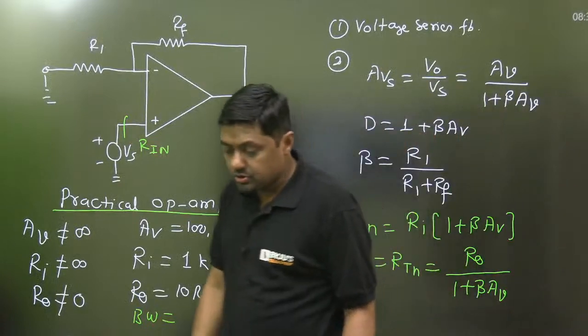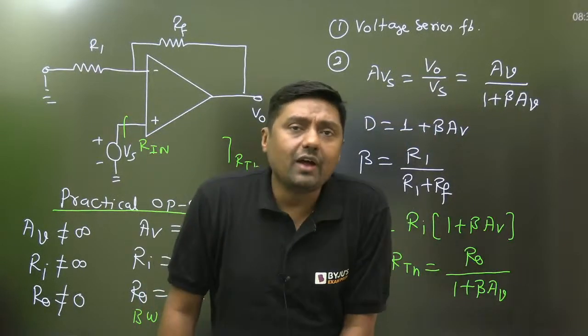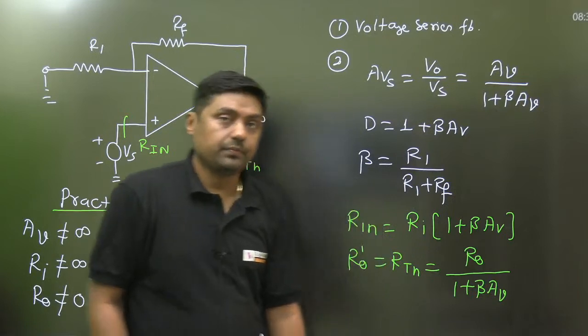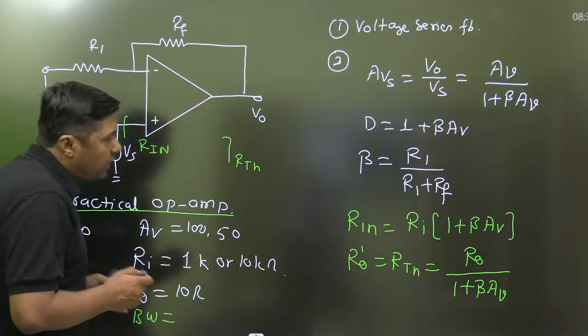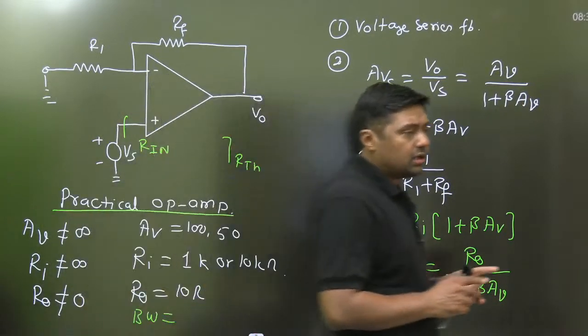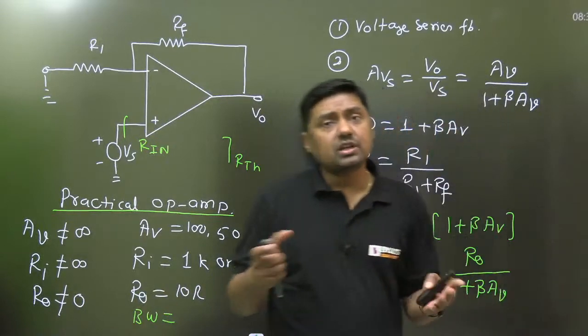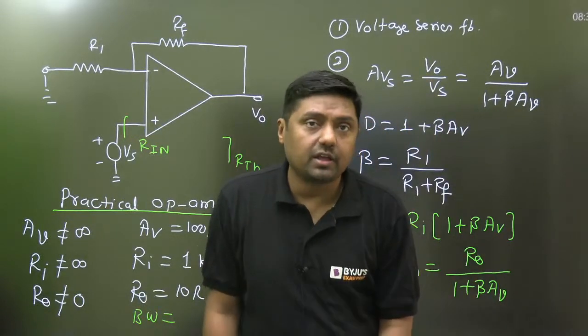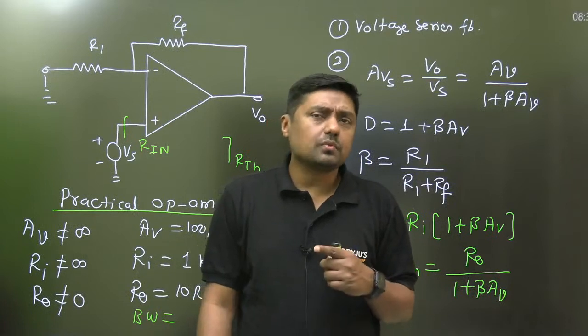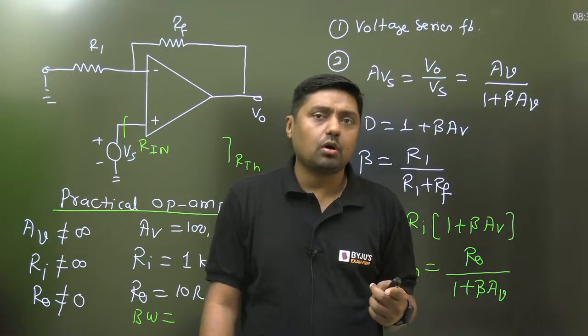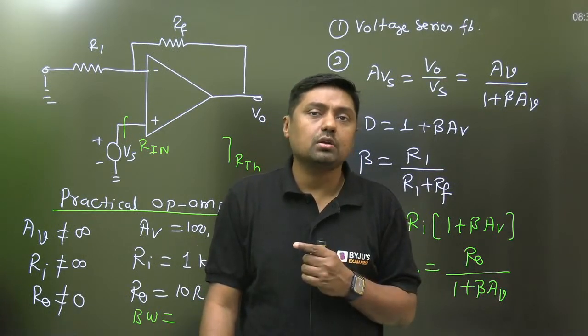Let me ask a question. Tell me what is the value of beta for a voltage follower? A voltage follower is nothing but a special case of the non-inverting operational amplifier where RF is very small as compared to R1, or RF by R1 is very much less than 1.